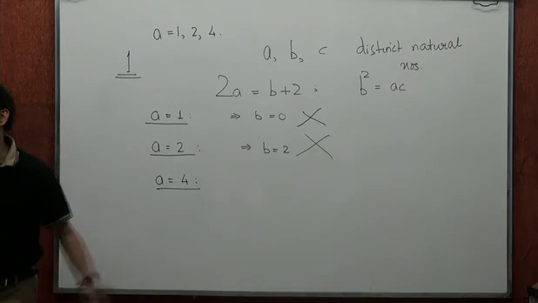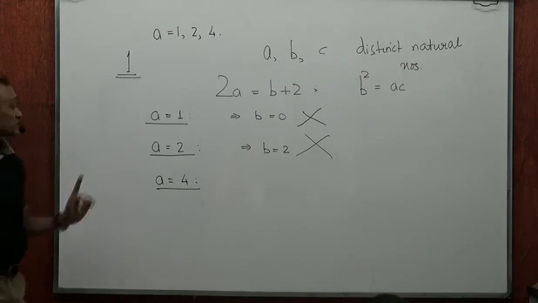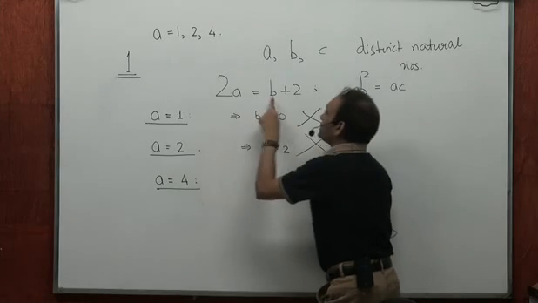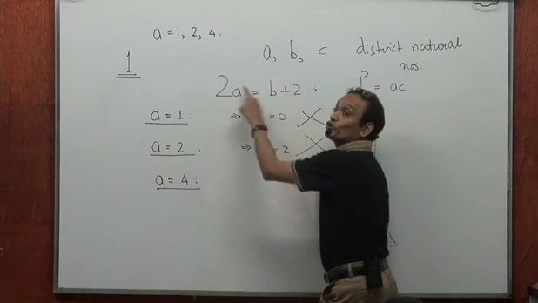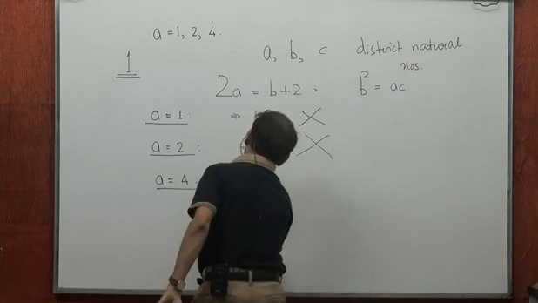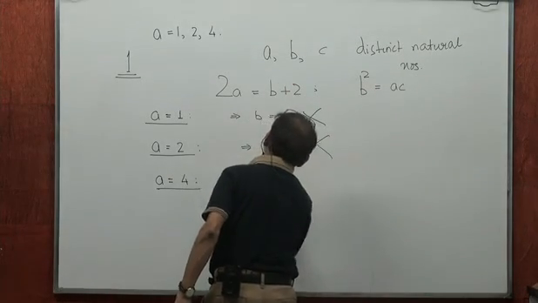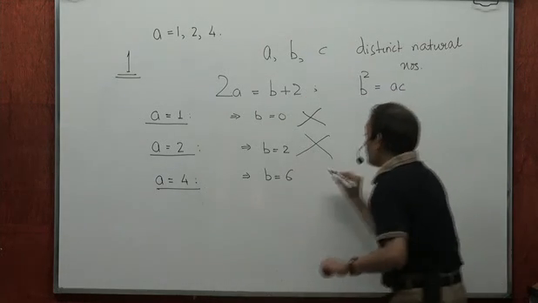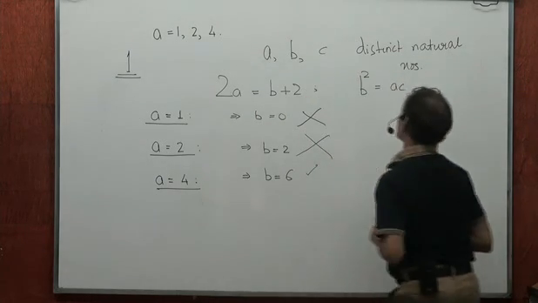And therefore, if A equal to 4 also does not fit the conditions, then there are no values of A, B, C commensurate with the requirements. If I put A equal to 4, so 8 equals B plus 2, B equals 6. Good. For the first time, I am beginning to see light at the end of the tunnel. B equal to 6. Now if B is 6, so far so good.